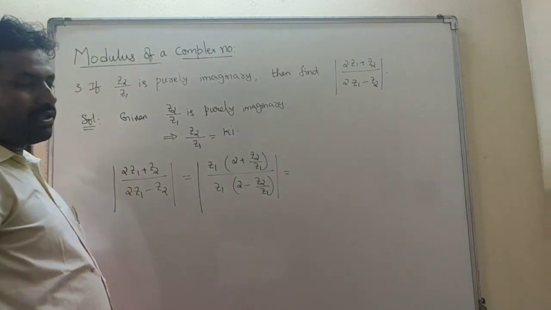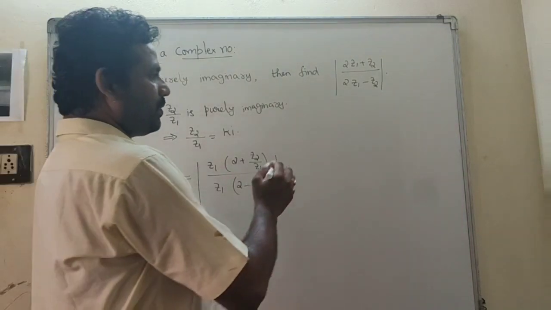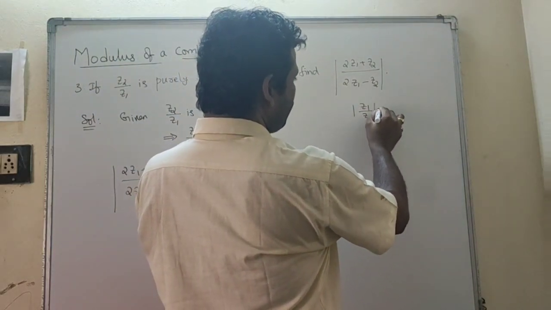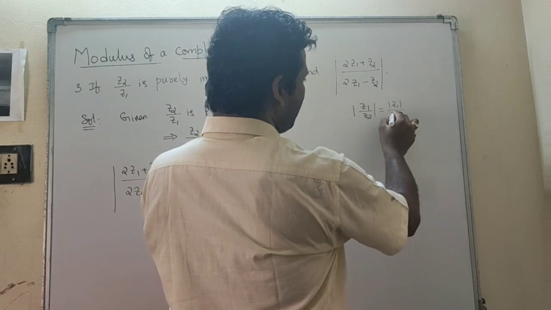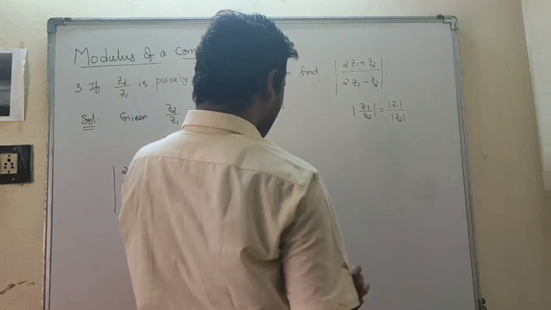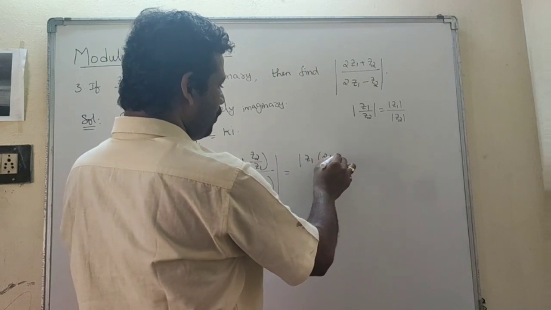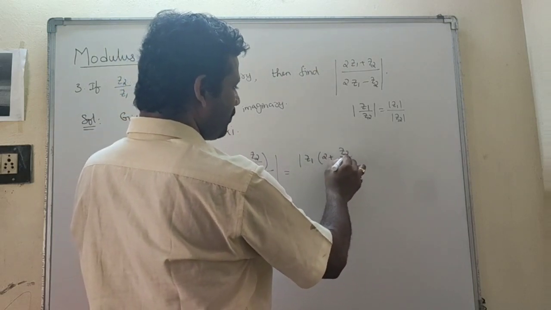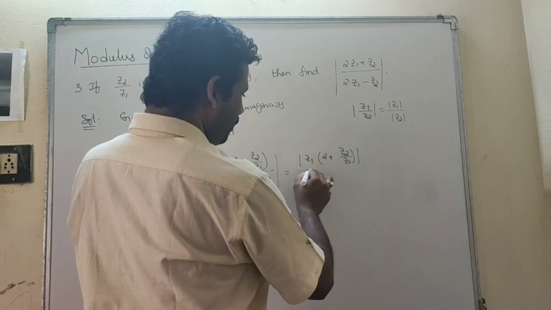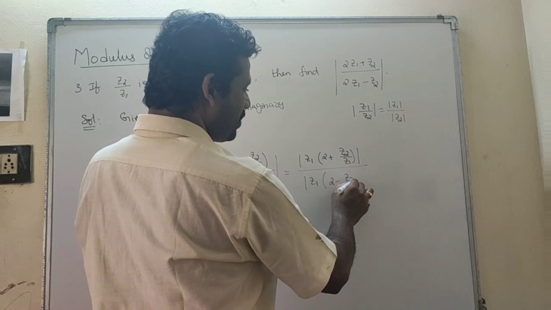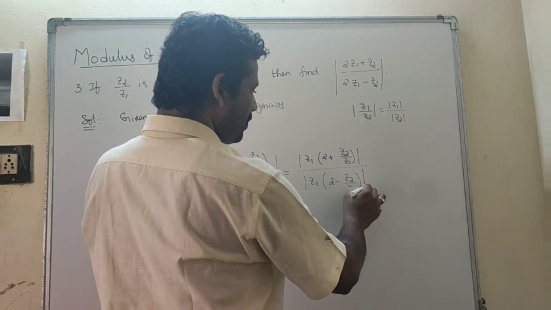We are using the property mod of z1 by z2 equals mod z1 by mod z2. So mod of z1 into (2 + z2 by z1) whole by mod of z1 into (2 - z2 by z1).